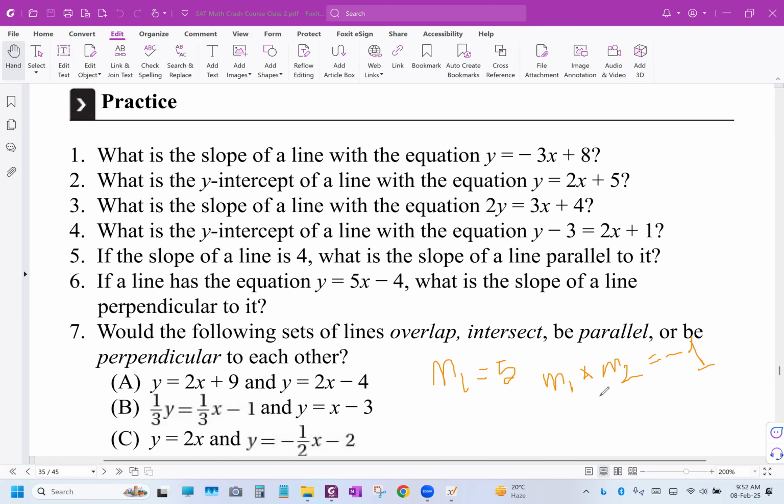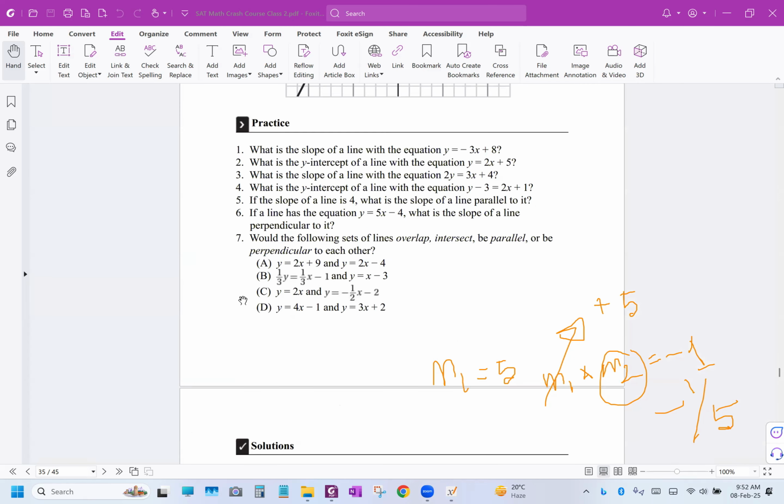I know the value of M1, that is +5. So what is the value of M2? -1/5. Let's check out whether I'm correct or not. It's time.